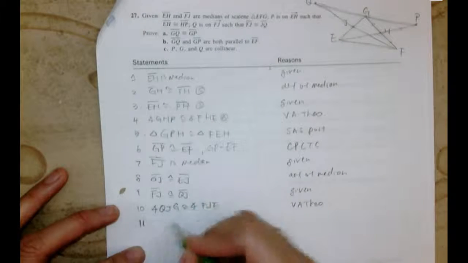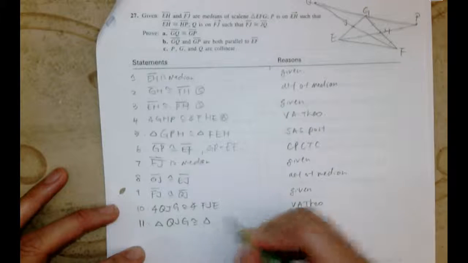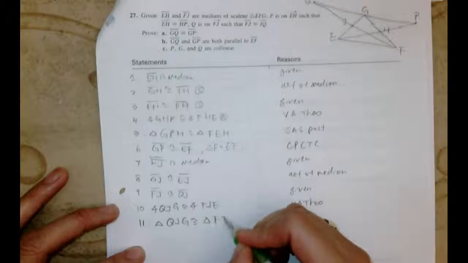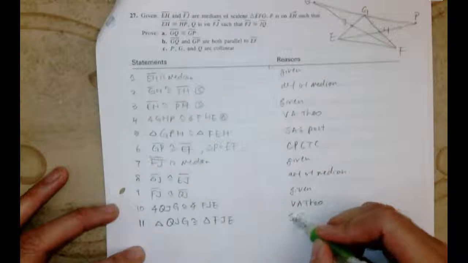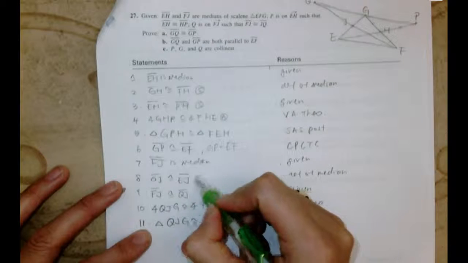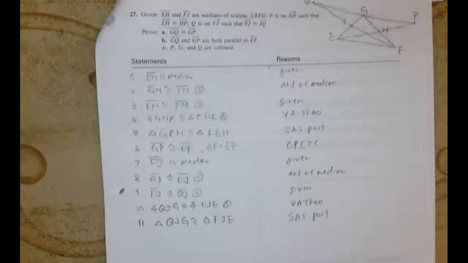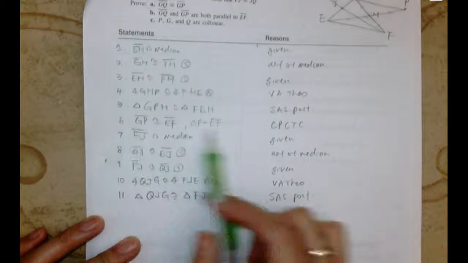So triangle QJG is congruent to triangle FJE, and that's side-angle-side. That was a side, and I got the angle and the side, so side-angle-side. Now I made these two, and then you do the same thing.